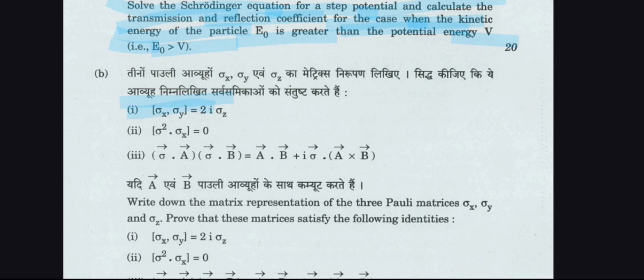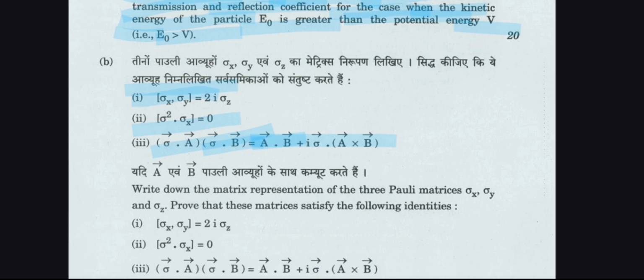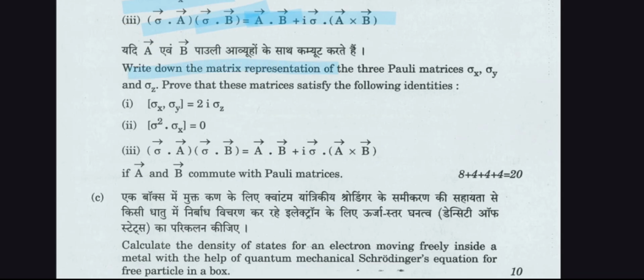Sigma x sigma y is equal to 2i sigma z. And sigma squared commutes with sigma x, that is, it is equal to 0. Sigma dot a times sigma dot b equals a dot b plus i sigma dot a cross b. Prove this. Write the matrix representations of the three Pauli matrices sigma x, sigma y and sigma z.